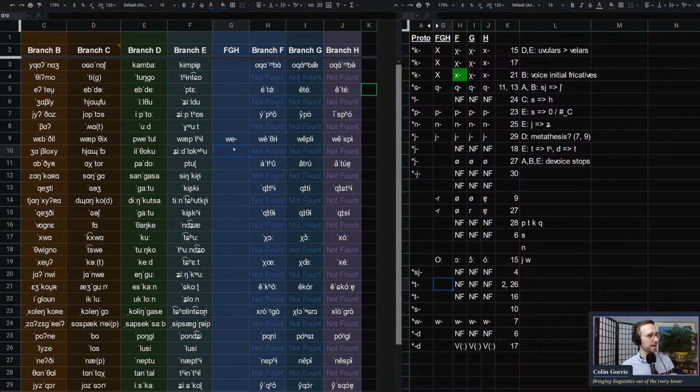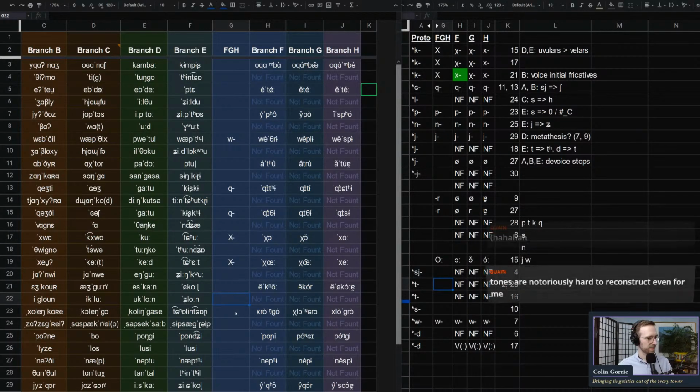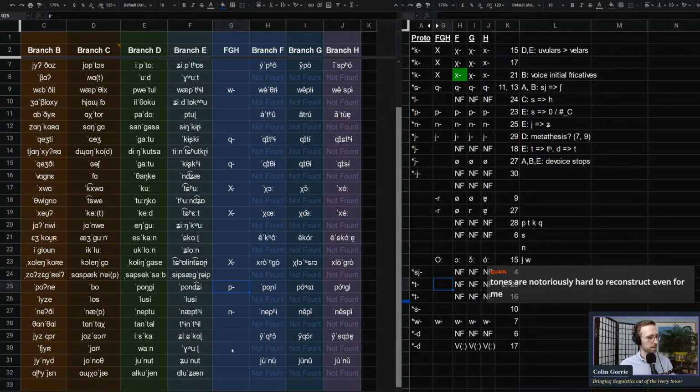We haven't actually done any vowel stuff really yet, so let's just say we have W, we have Q here, some kind of X, P, N, and yeah.